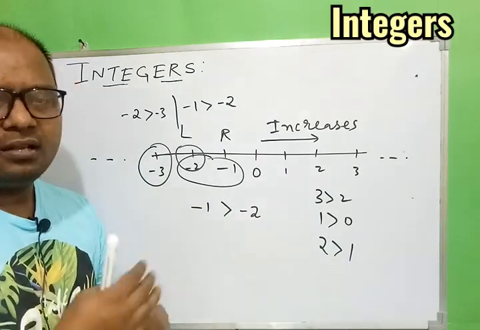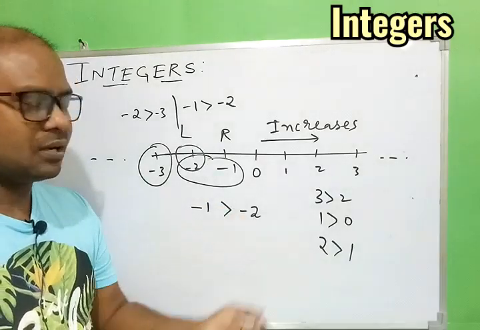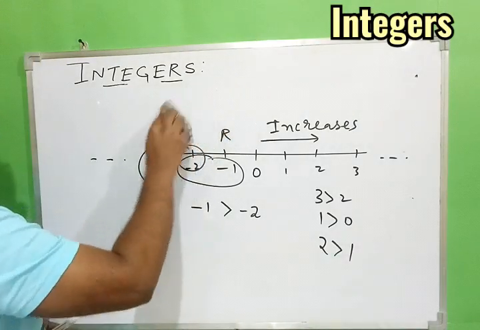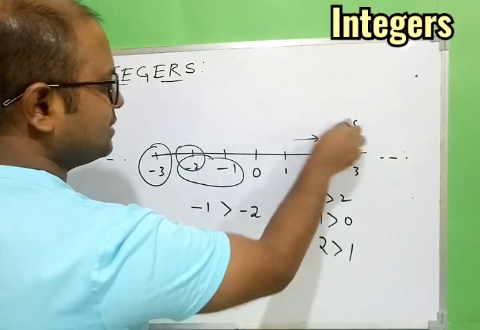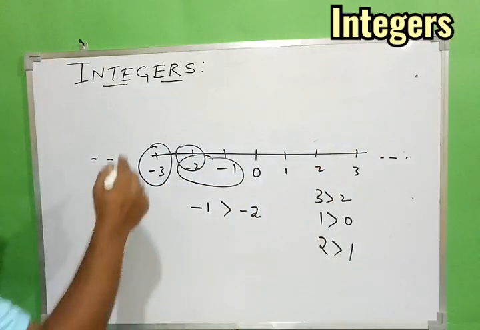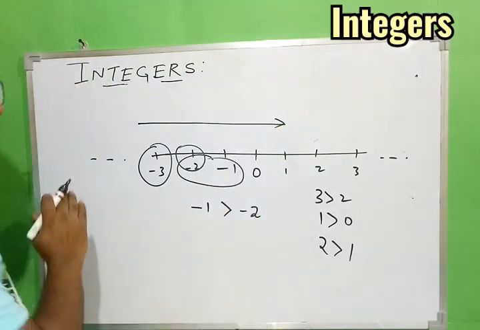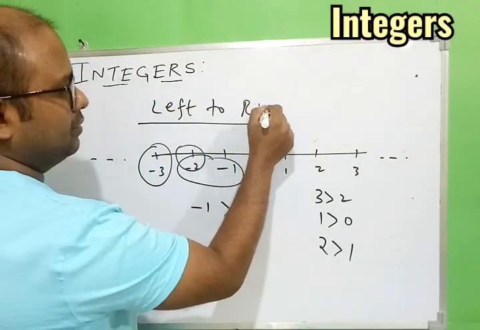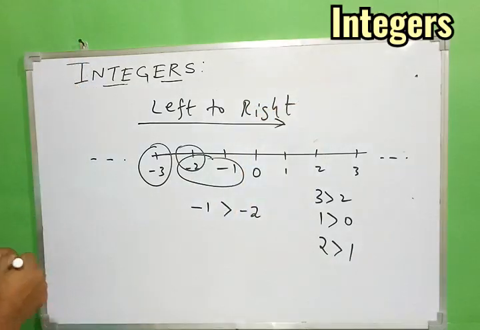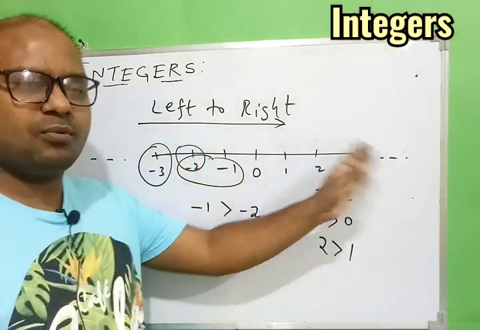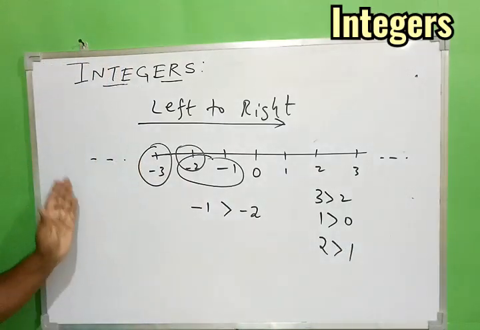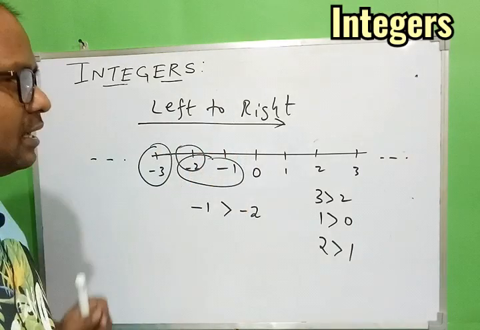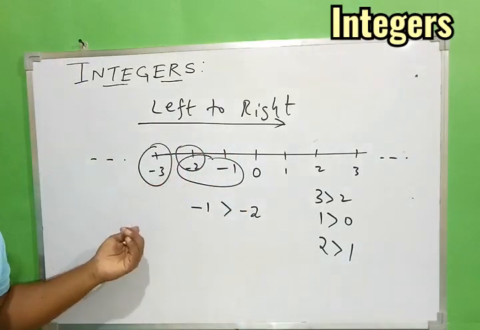In positive it is the other way, that is 3 is greater than 2, 2 is greater than 1. If we compare all things together, we can say that if you are moving from left to right, whether you start from a negative integer, or from 0, or from anywhere on the number line, the number on the right hand side will always be greater than the left hand side number.